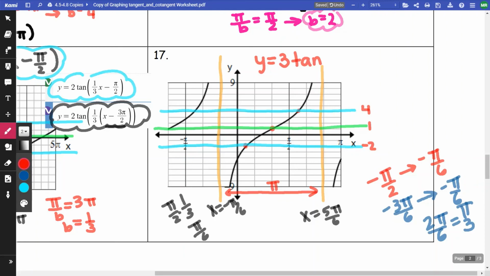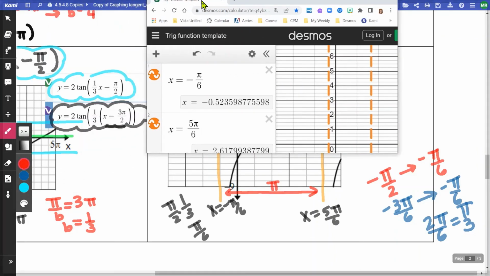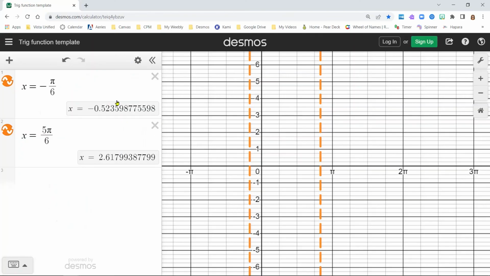So what I can do is come up here and go x, because again, my b is a 1. And then I'm going to shift it to the right pi thirds. If I put this into Desmos, here are my asymptotes, negative pi 6 and positive 5 pi 6, and I'm putting in y is equal to 3.